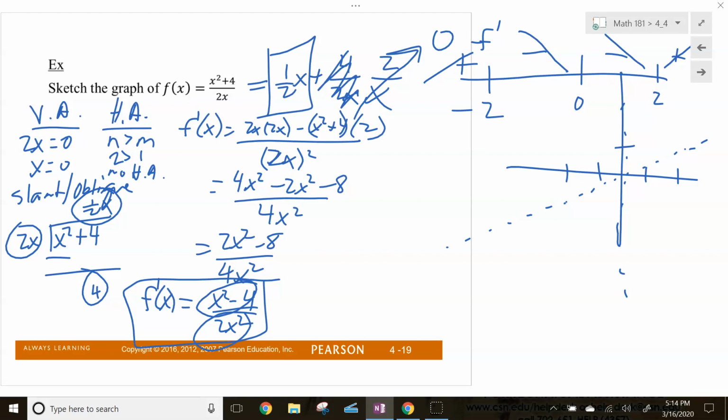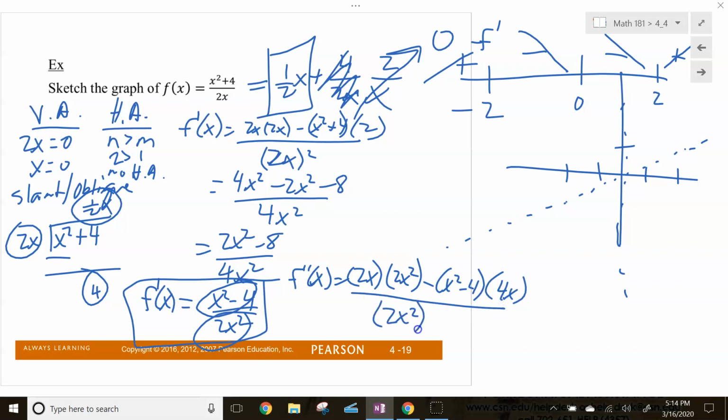Now we take the second derivative. Sorry, I'm doing my best here with my little laptop. Derivative of the top times the bottom, minus the top times the derivative of the bottom, over the bottom squared.